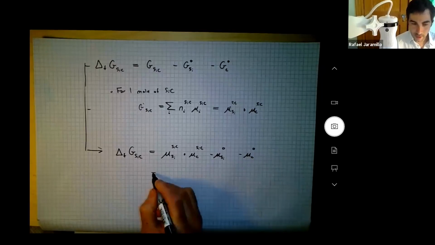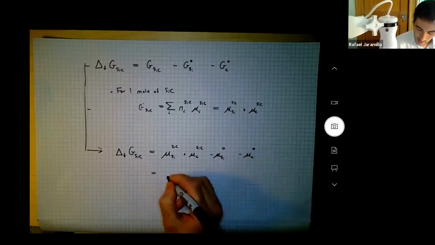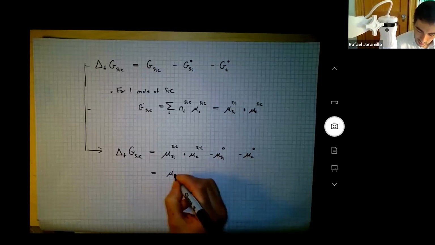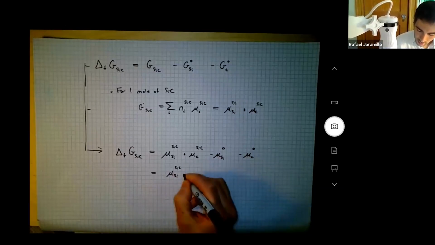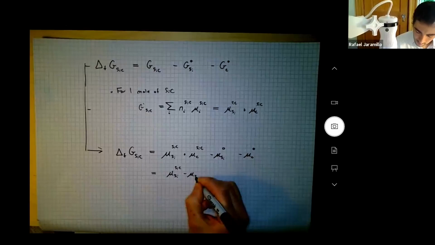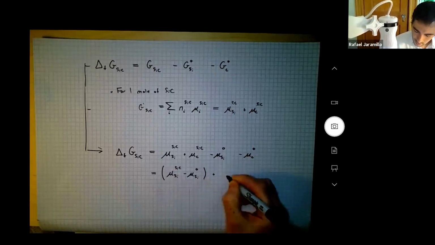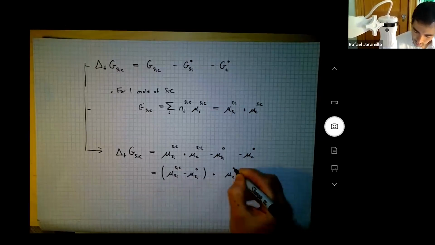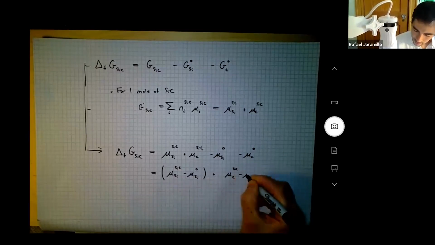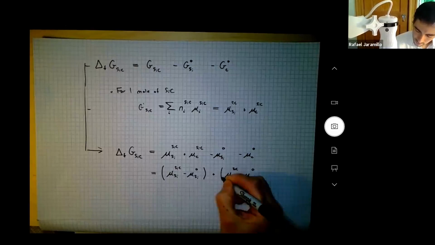I'm going to do one more thing. I'm just going to rearrange. It's silicon in silicon carbide minus silicon in its reference state, and chemical potential of carbon in silicon carbide minus chemical potential of carbon in its reference state.